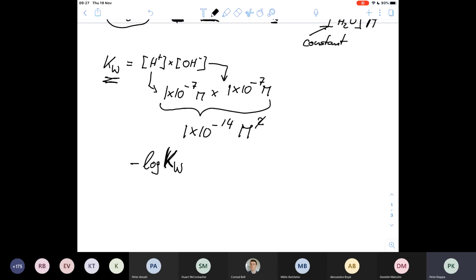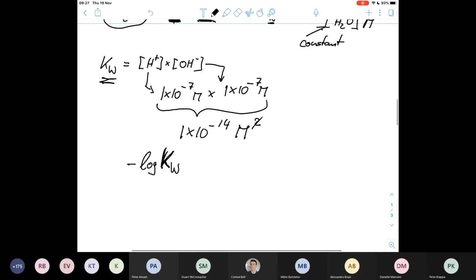So what is the negative log of 1 times 10 to the minus 14? And this actually is called the pKw. Remember we said P indicates that we are talking about a negative log.